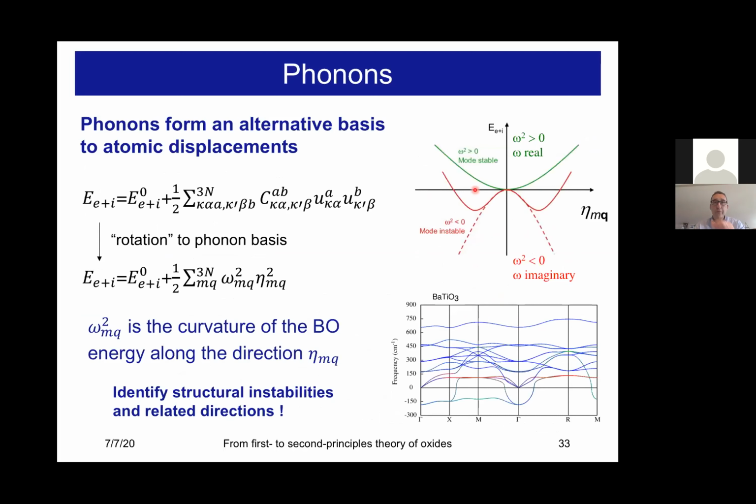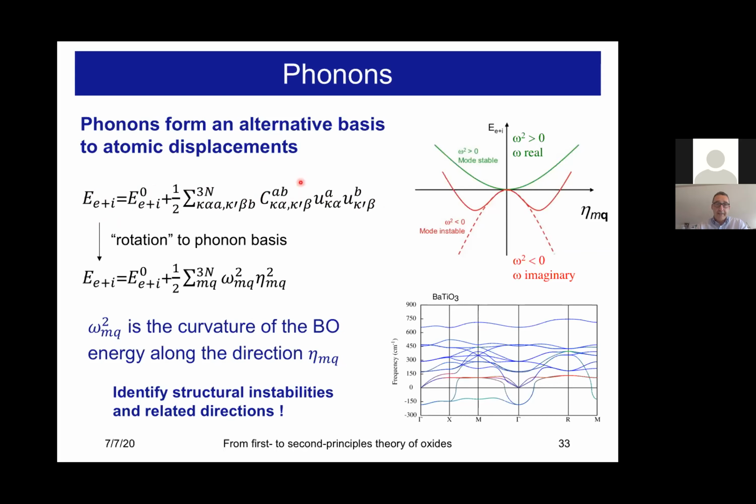So now there are two last things I would like to mention. The phonons that I've just shown are very well reproduced in DFT. They form an alternative basis to atomic displacement. So usually you are used to writing the Born-Oppenheimer energy through the harmonic approximation by saying it's E0 plus 1/2 the sum of the interatomic force constants times the product of the displacements plus other things here.